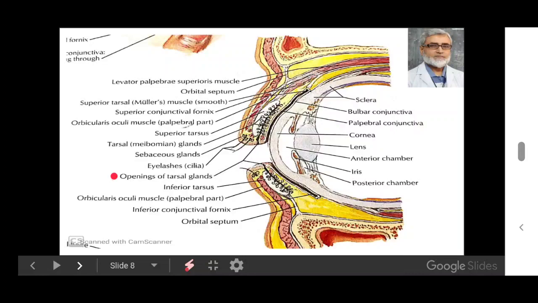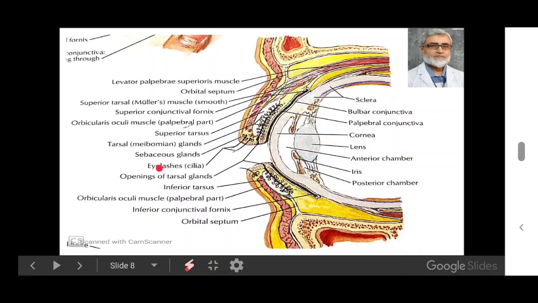Levator palpebrae superioris muscle is here. It will be discussed in the different layers of eyelids. And superior tarsal, that is Muller's muscle, a smooth muscle.